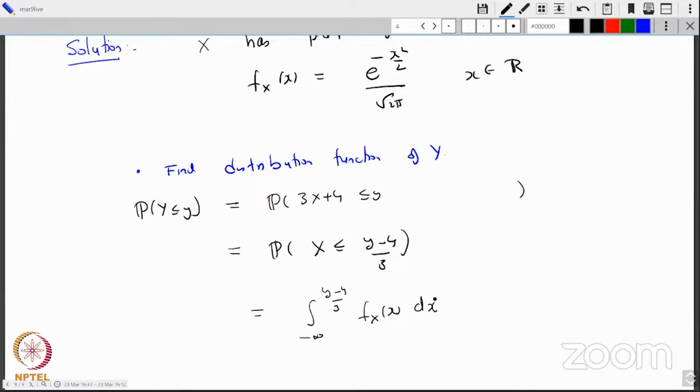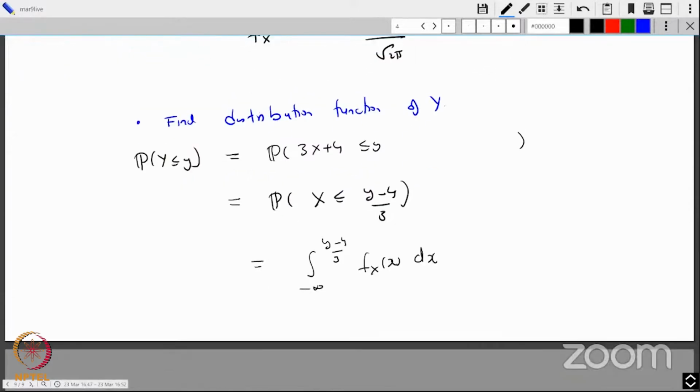Of course, one can rush and try to find the complete distribution function of y, but I will leave it like this: minus infinity to y minus 4 by 3, and inside I write e to the minus x squared by 2 over root 2 pi dx. I don't want to complete it. This is the expression I leave. Sometimes it's useful to find the complete distribution function, but sometimes it's useful to leave it at this stage.